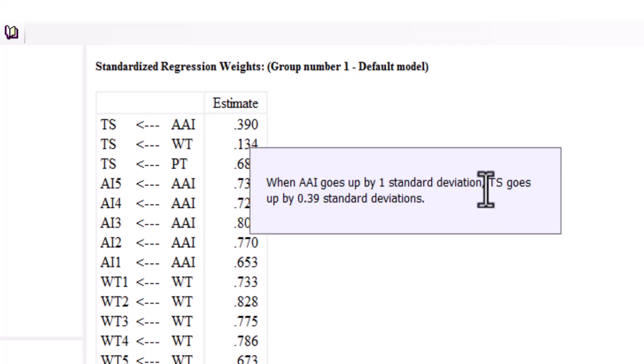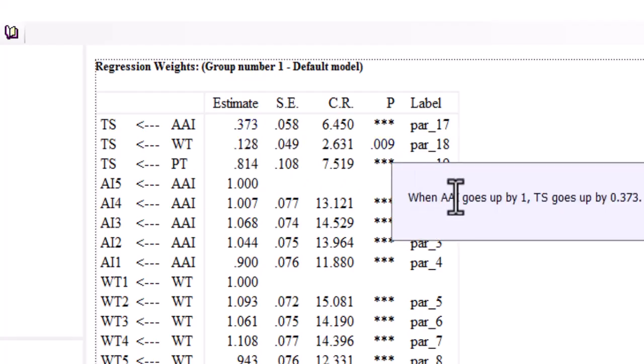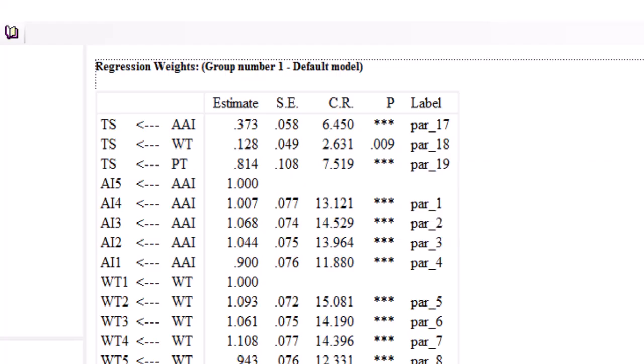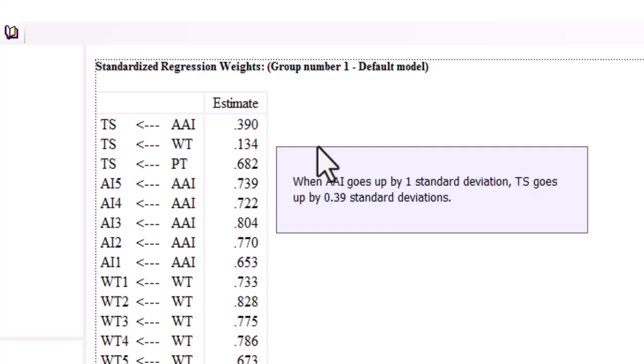But when we come to the regression weights themselves, you can see here, we are saying when AI goes up by 1 unit, then TS goes up by 0.373 units. But when we come to the standardized regression weights, we say that when AI goes up by 1 standard deviation, then TS goes up by 0.39 standard deviations.